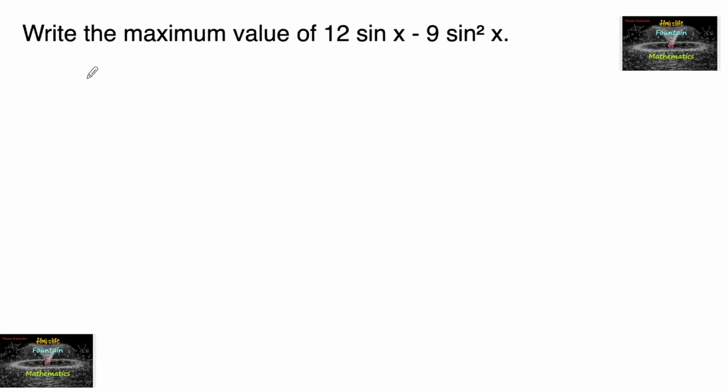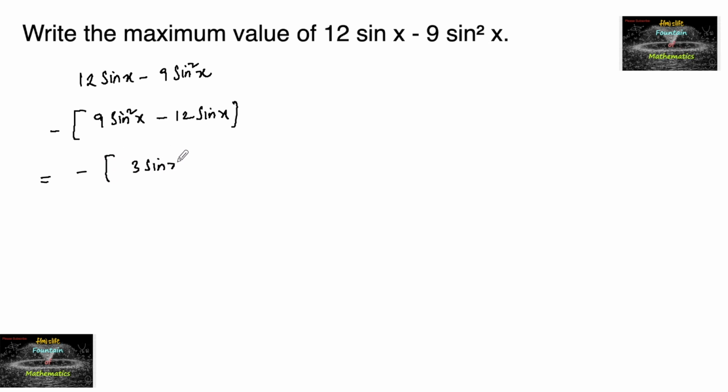Write the maximum value of 12 sin x minus 9 sin square x. So this expression we can also write as minus of 9 sin square x minus 12 sin x, which equals minus of (3 sin x) whole square minus 2 into 3 sin x into 2, 3 twos are 6, 2 times into 2.